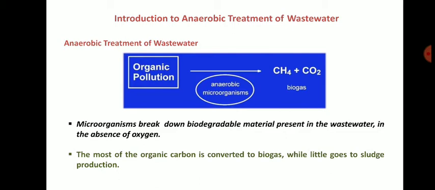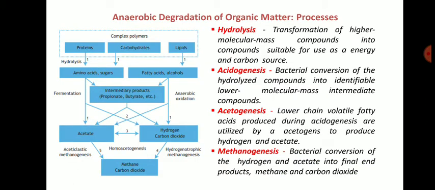You might know that in an aerobic system, which works in the presence of oxygen, almost 60 to 80% of organic matter is converted into biomass. However, in the case of an anaerobic system, less than 5% of organic matter is converted into biomass or microorganisms.